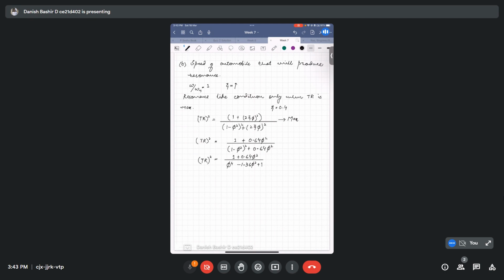For the transmissibility ratio to be maximum, the derivative of the transmissibility ratio squared with respect to the frequency ratio phi should be equal to 0.